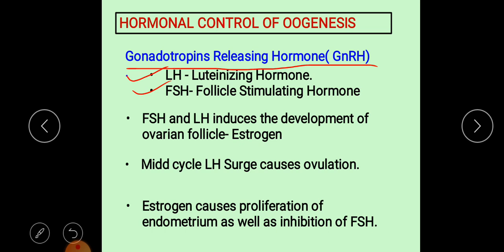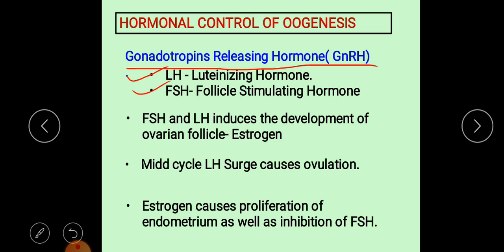LH is the luteinizing hormone and FSH is the follicle stimulating hormone. These are the two gonadotropin hormones released by the anterior pituitary under stimulation by the hypothalamus, and both move down to the ovary through the bloodstream.